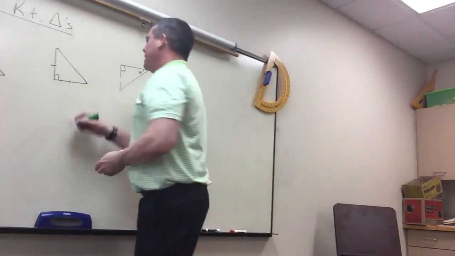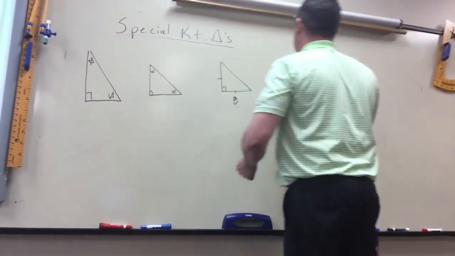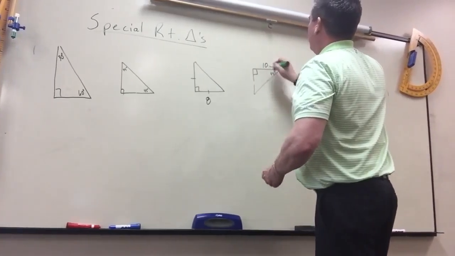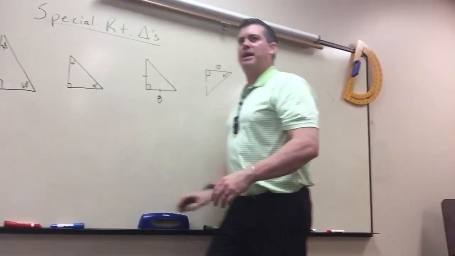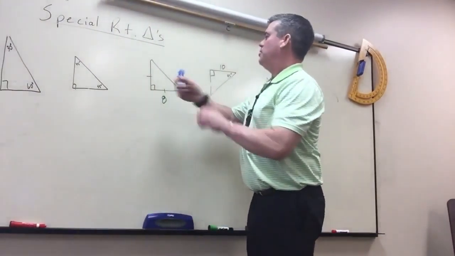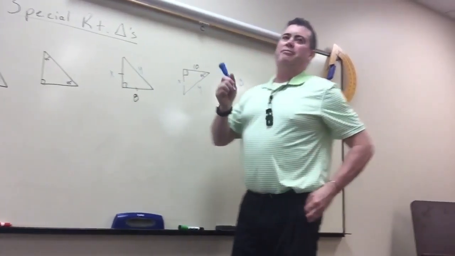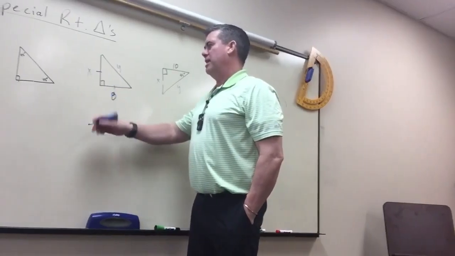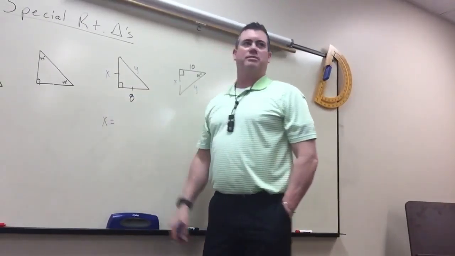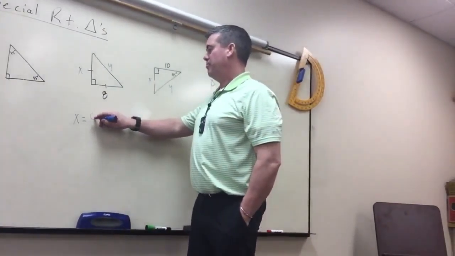So, if they give you one leg, you've got to find the missing values. You've got to find X and Y. If they give you a leg, the other leg is simple to find. What is it? The same.